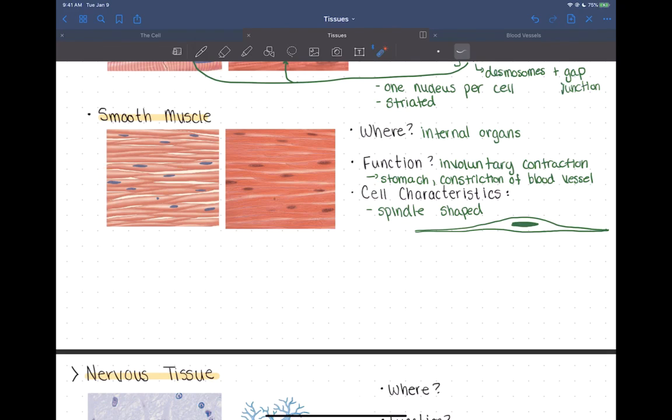They typically have one nucleus per cell. And this particular type of muscle is not striated, so it doesn't have those stripes that we see in the cardiac and the skeletal muscle.